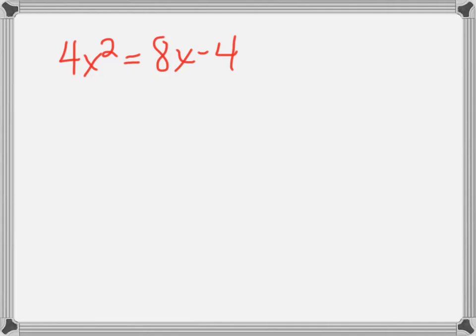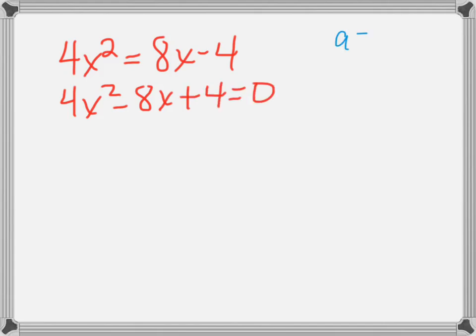Be careful when doing that you just don't automatically take the number in front of the x as your b. You have to be sure it becomes standard form, so you have to bring everything over to one side of the equation. This will give you 4x squared minus 8x plus 4 is equal to 0. Then you can do your a is equal to 4, your b is equal to negative 8, and your c is also equal to 4.